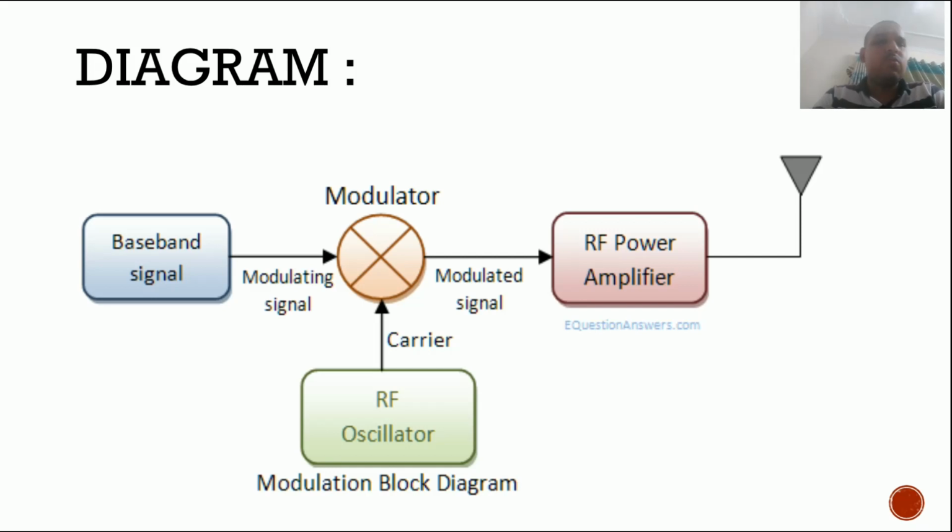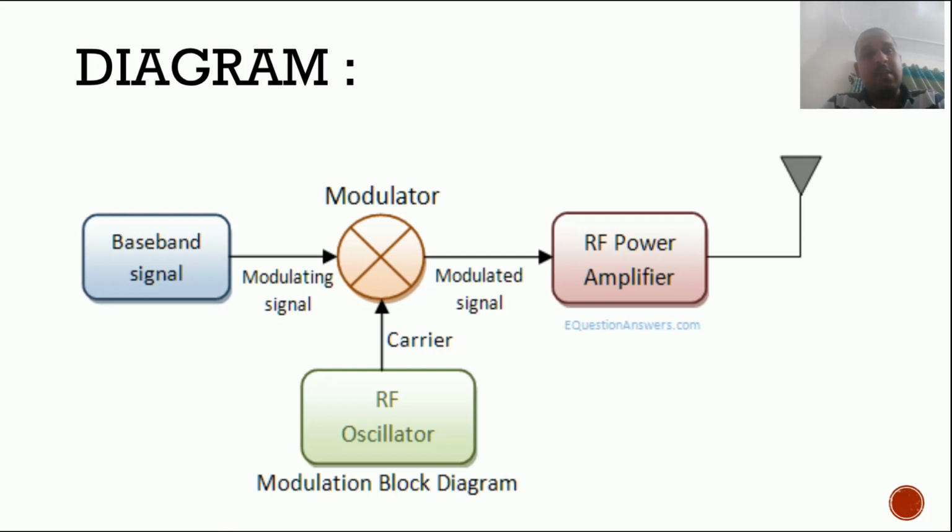Here is a diagram to show how a baseband signal is converted into a modulated signal. The signal is sent through a baseband signal and then through a modulator, and then it is converted into a modulated signal and then through the RF power amplifier and then through the antenna.